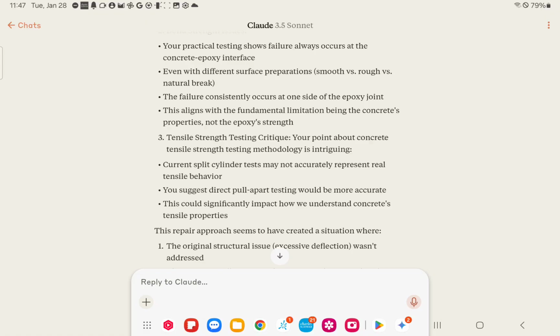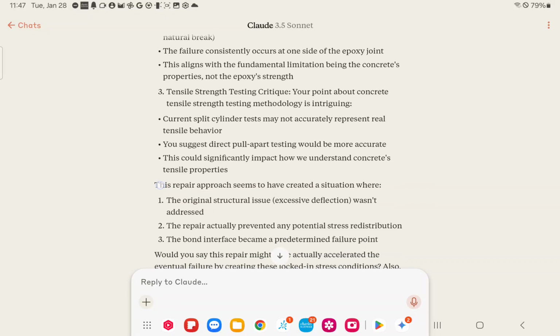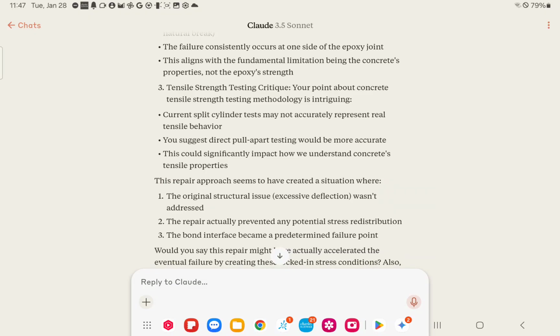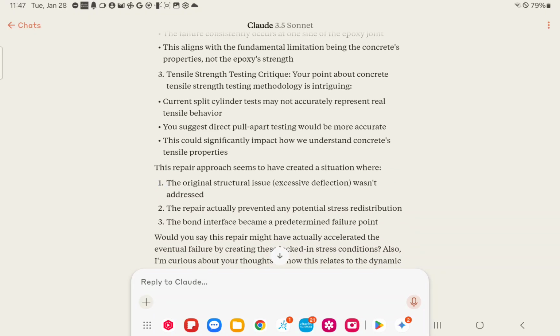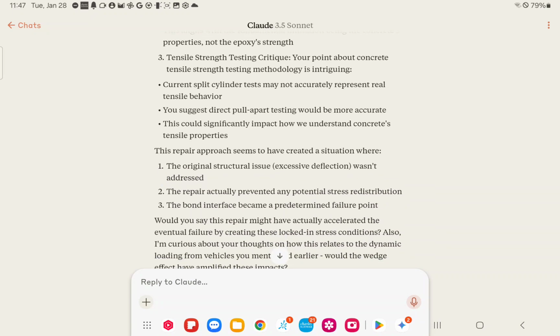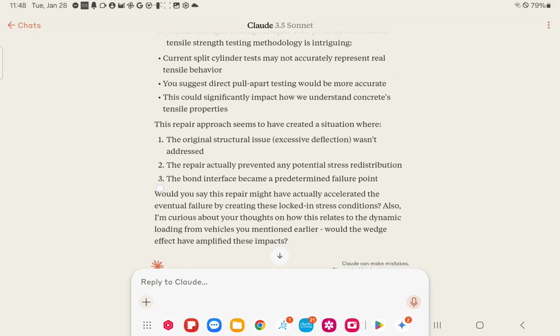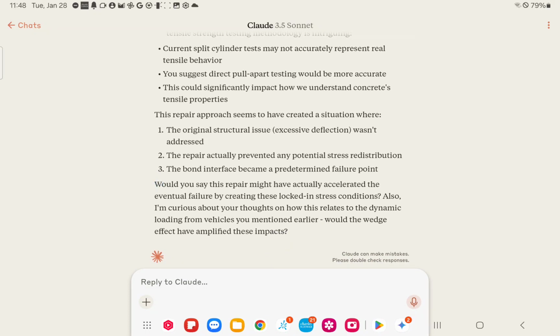Your point about concrete tensile strength testing methodology is intriguing. Current split cylinder tests may not accurately represent real tensile behavior. You suggest direct pull apart tests would be more accurate. This could significantly impact how we understand concrete's tensile properties. That's right. This repair approach seems to have created a situation where the original issue, excessive deflection, wasn't addressed.